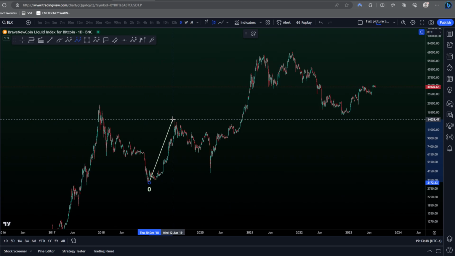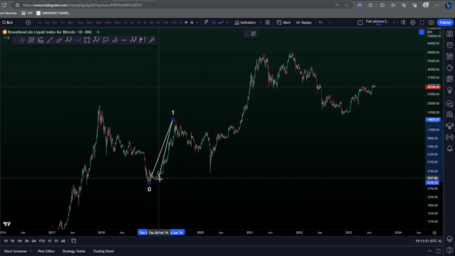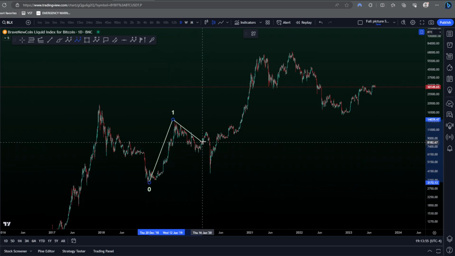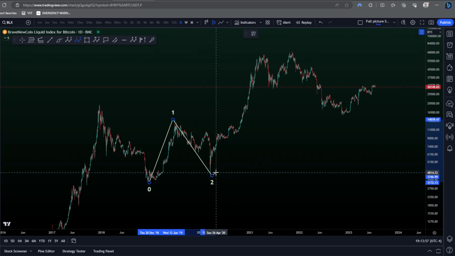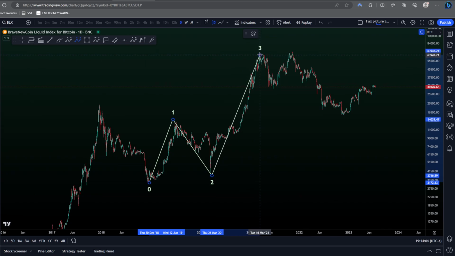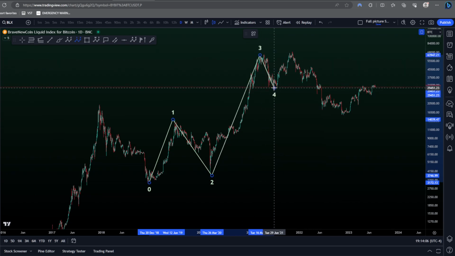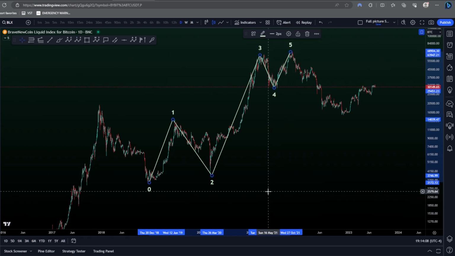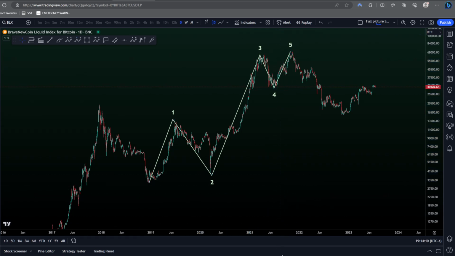Bitcoin uses Elliott Wave perfectly. I have our one wave, this is an impulse, followed by a correction to 2, followed by another impulse, followed by another correction to 3, followed by the finishing wave 5. That's a real life impulsive wave structure.